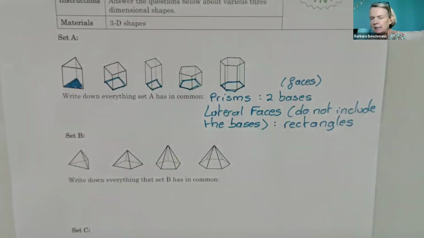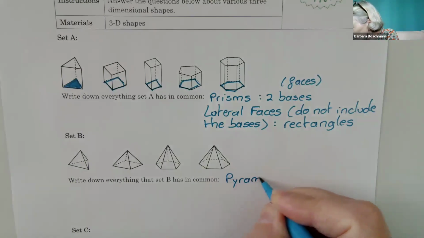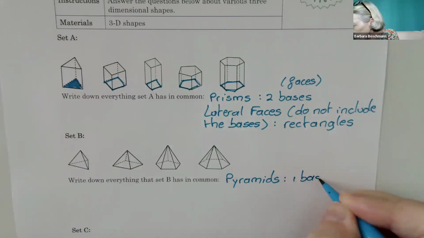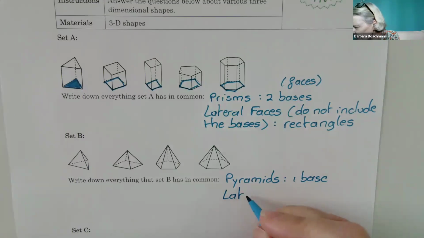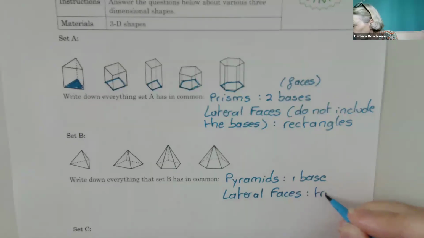Set B is then our set of pyramids. And they only have 1 base. The lateral faces are all triangles.